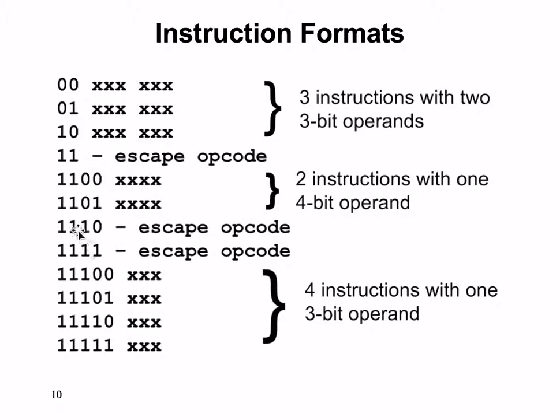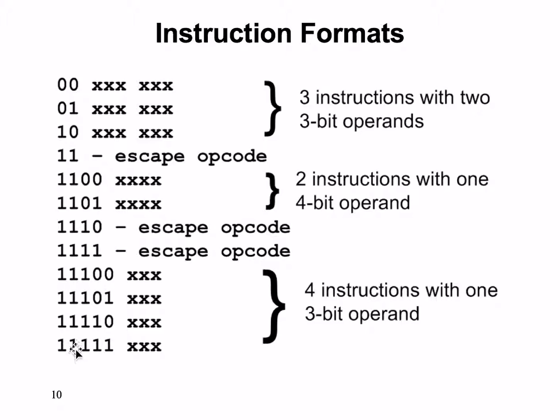So in this case, we have 2 escape codes. In the second group, we have the 2 instructions right here with the one 4-bit operand. So we have the 4 bits right here that represent the operand, and we have the 2 instructions. In the last group right here, we have the 4 instructions with the 3-bit operand. Again, here the 4 bits represent the 3 bits for the operand, and we have 4 instructions for this group.